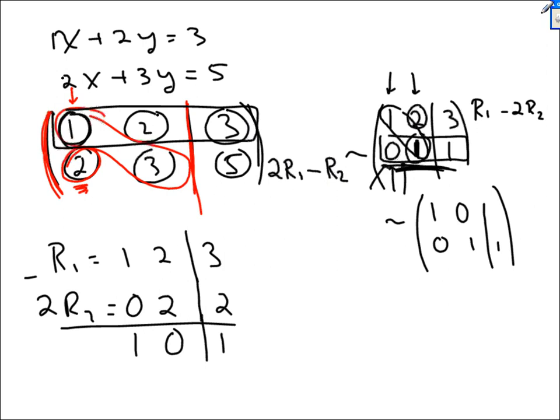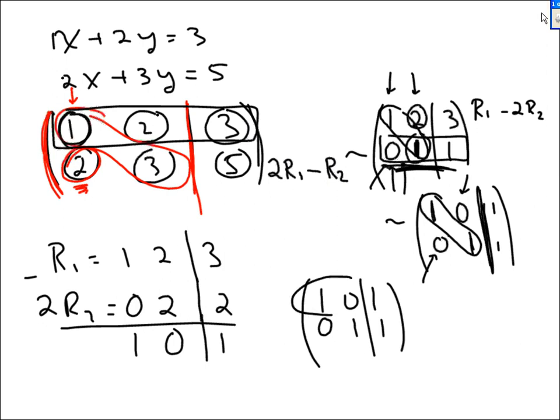So 1, 0, 1. Now I only care about what is to the left of that line. Everything other than the diagonal is 0. Now I want to get what's on the diagonal to be 1. Fortunately, they are: 1, 0, 1, and 0, 1, 1.